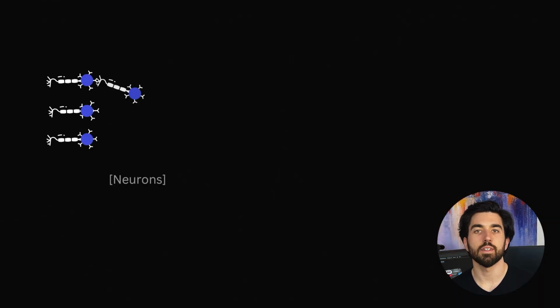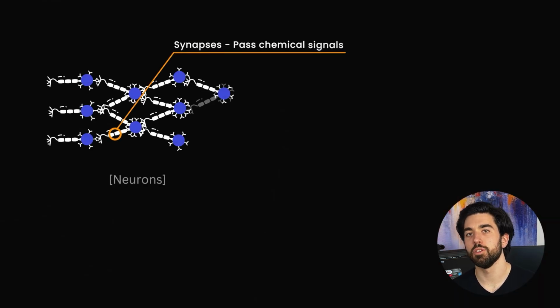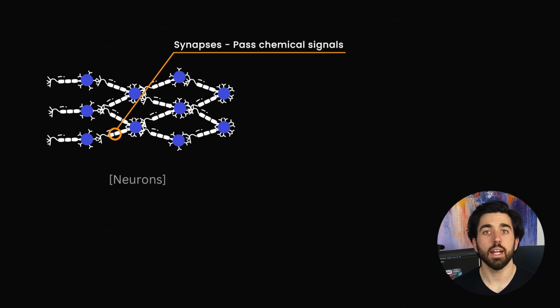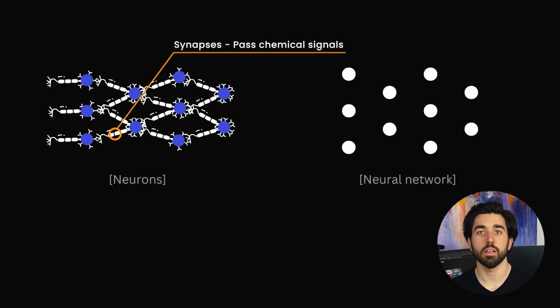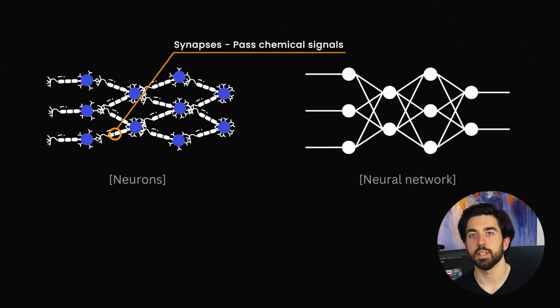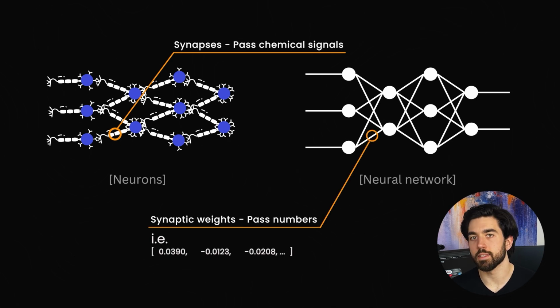The human brain has a vast network of interconnected neurons that communicate through electrical and chemical signals across synapses. Similarly, artificial neural networks comprise a network of nodes or neurons performing simple mathematical operations and are connected by parameters, weights, and biases, which are numbers stored in matrices.